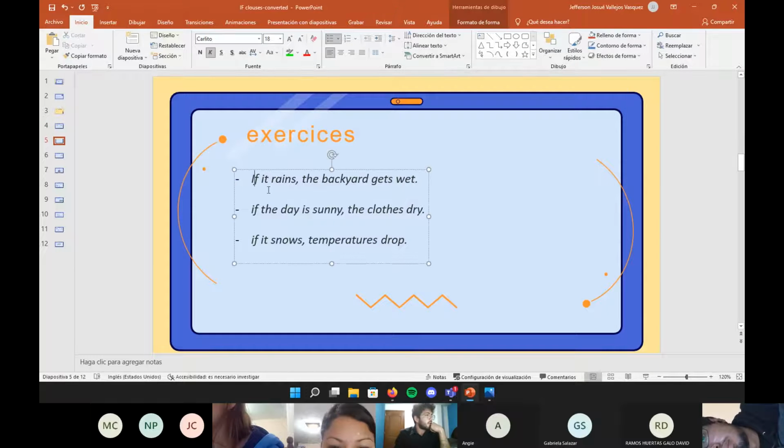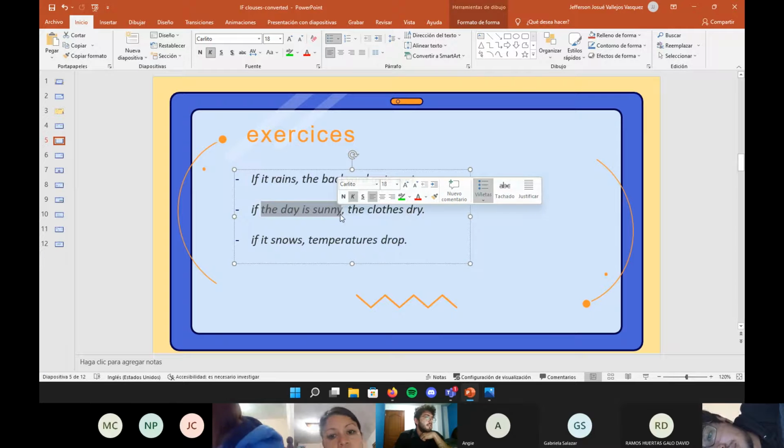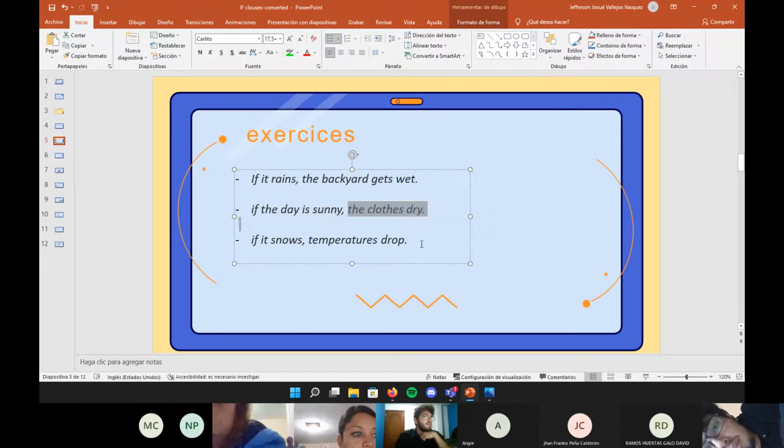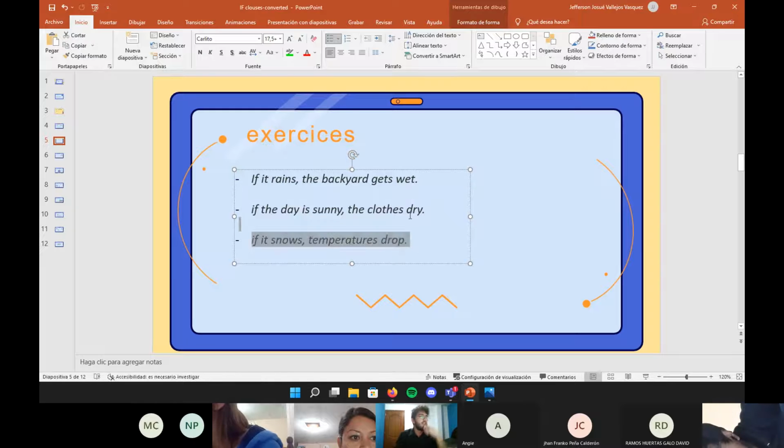Let's see many examples. We are talking about real situations. For example, if it rains, the backyard gets wet, okay? If the day is sunny, the clothes dry. And if it snows, the temperatures drop, right?